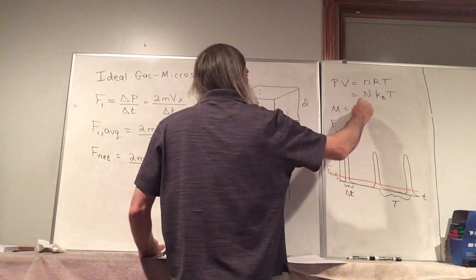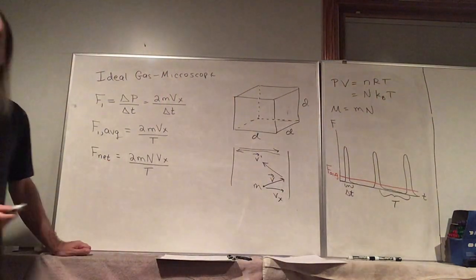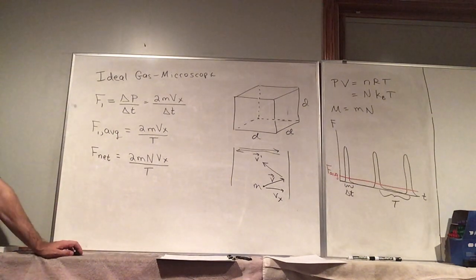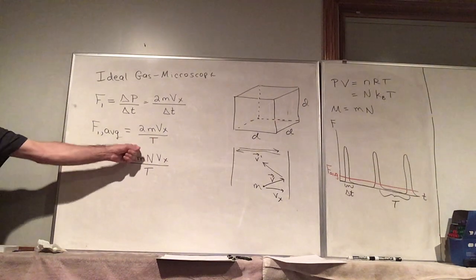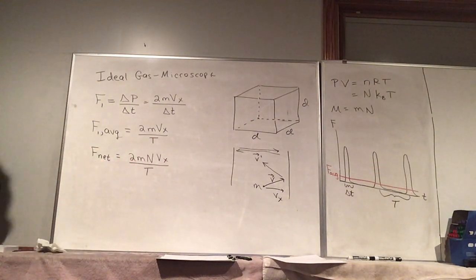Lowercase m would be the mass of a single molecule, and n is the number, so if we multiply those, we get the mass of the entire thing. We can substitute that in here. But let's look at T.